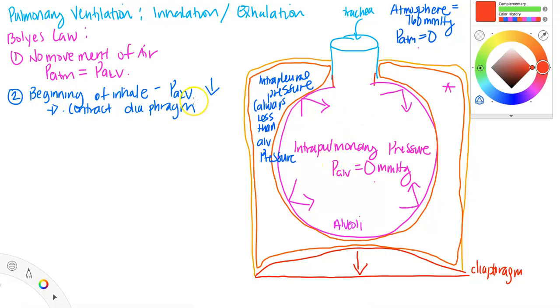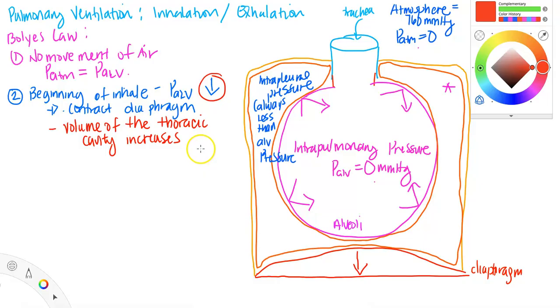So when that occurs, the volume of the thoracic cavity increases. So there's Boyle's law. The cavity is getting bigger, so the pressure's going down. Pressure's decreasing. So that's an inhale. That means that the air is flowing in.